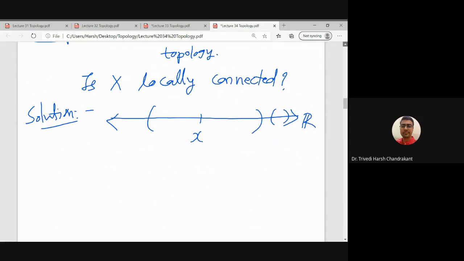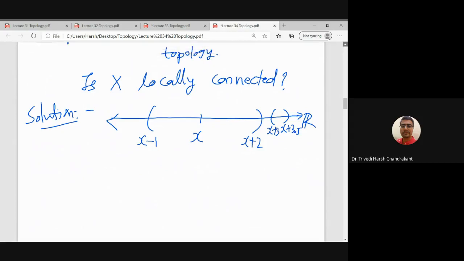For example, I can take x minus 1 to x plus 2, and also x plus 3 to x plus 3.5.